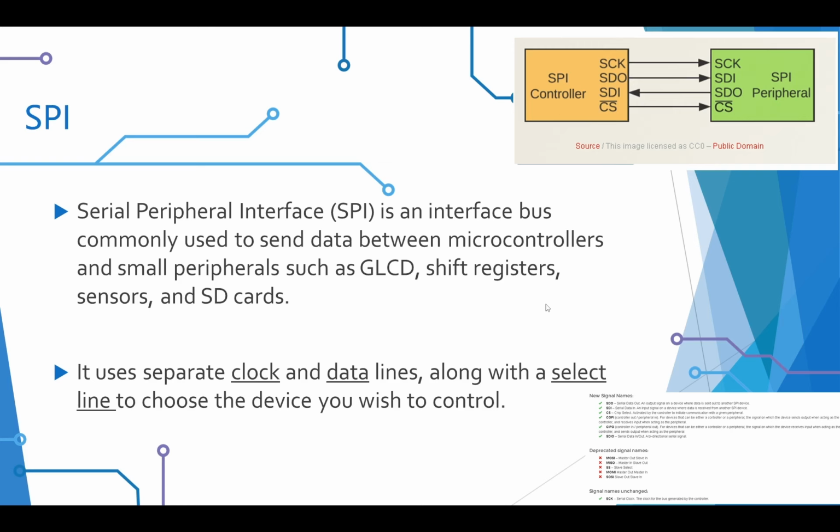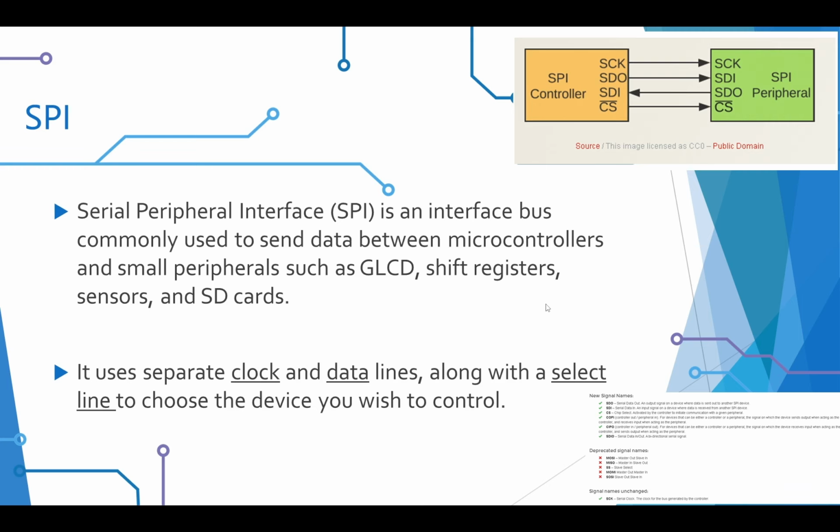Right, with that settled, let's get into what SPI is. Serial peripheral interface. It's an interface bus that's used between the microcontroller and other devices, small peripherals such as GLCD, shift registers, SD cards.